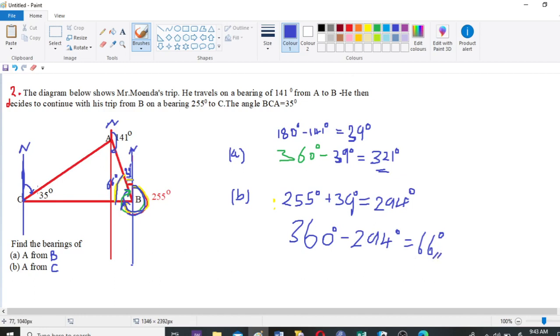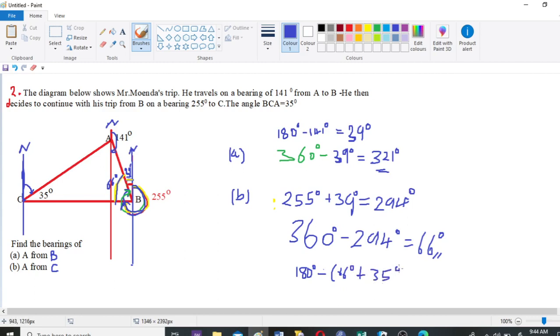Now use the properties of interior angles of a triangle. Their summation gives us 180. So you subtract from 180, the summation of all interior angles of a triangle, the sum of 66 degrees plus 35 degrees.